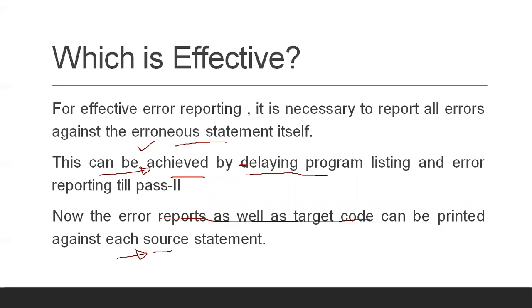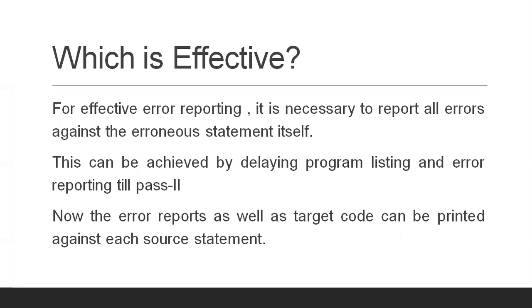Before we make any conclusion, which is more effective: error reporting after pass 1 or after pass 2? For effective error reporting, it is necessary to report all errors against the erroneous statement itself.